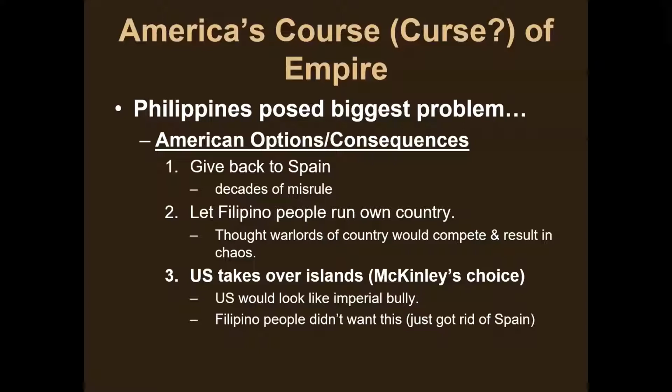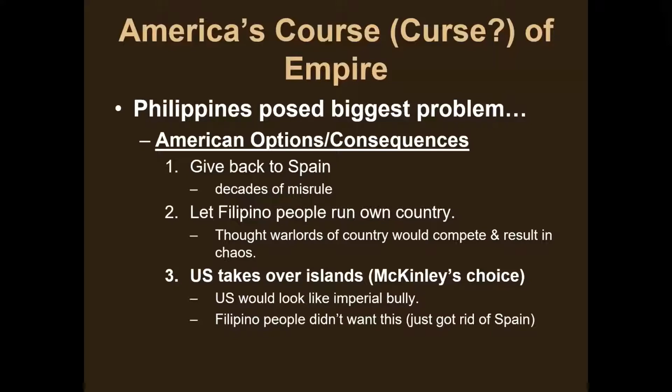I think your textbook said it had over 7 million people. Very different in terms of background and culture than anything the United States had assumed control of. And by involving themselves in the Philippines, the United States was now involving itself in the East Asian sphere of influence. So this is all kind of new ground, and they're not sure what to do.